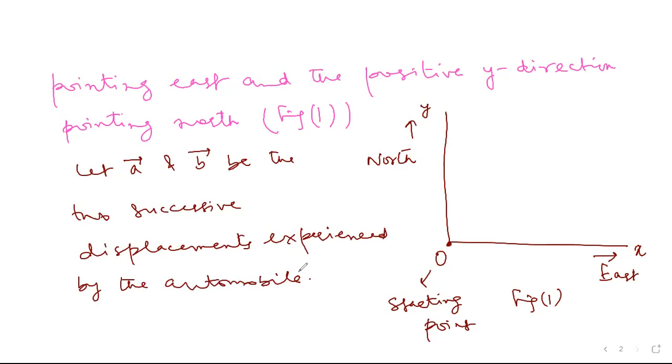So A and B are the two successive displacements experienced by the automobile.